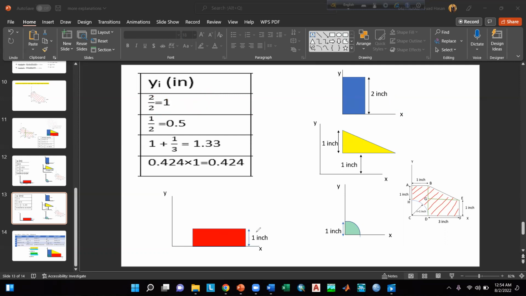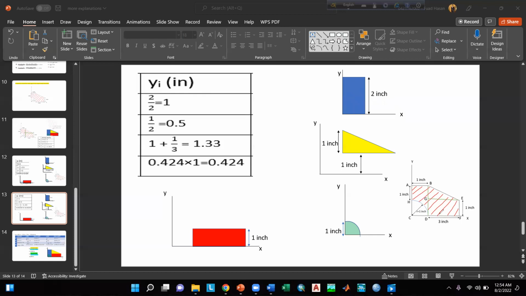Now, what will be the centroidal distance for this rectangular portion? It will be equal to b by 2. Here b is 1 inch. So from this side, it will be equal to 1 by 2, and it will give a result of 0.5 inch. Now, what is the centroidal distance for this triangular portion?